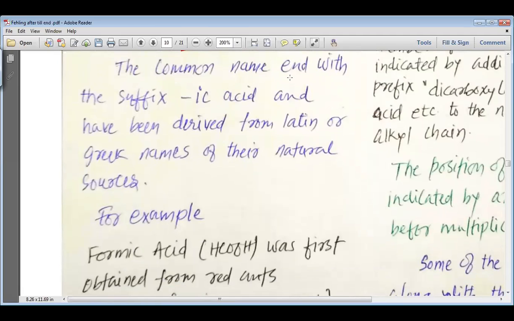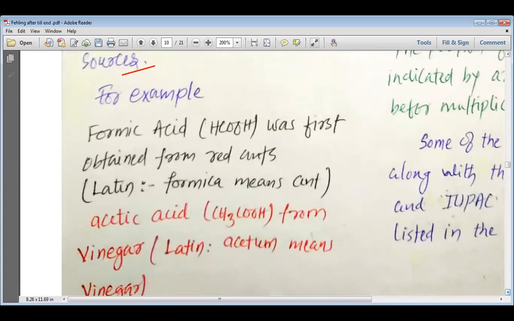The common name ends with the suffix ic acid, and has been derived from the Latin or Greek names of their natural sources. Generally, the common names are given on the basis of the substances from which they are obtained.